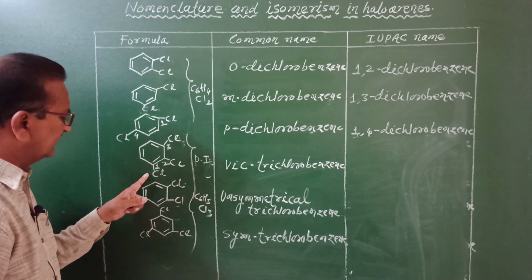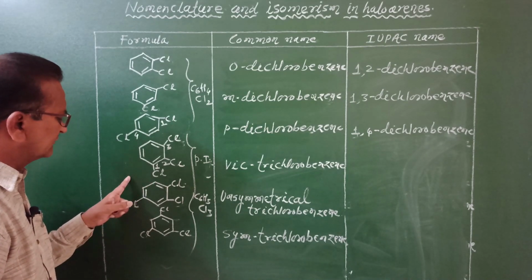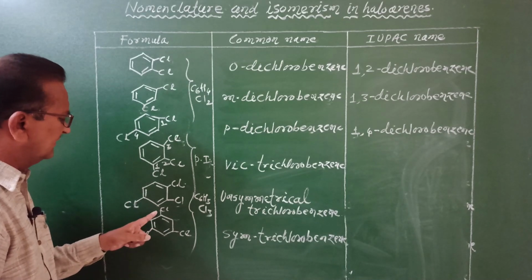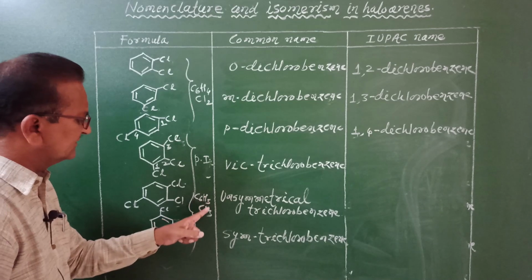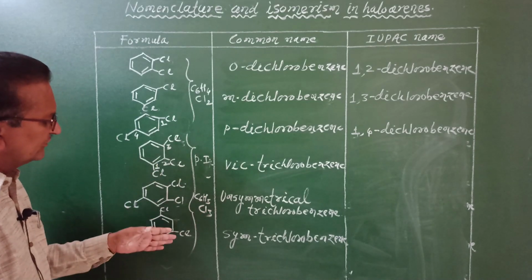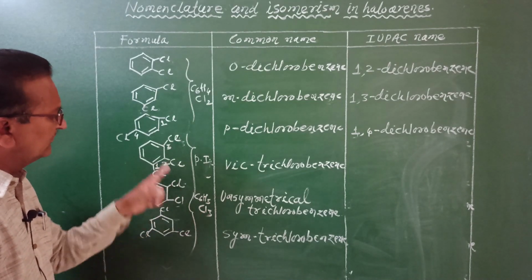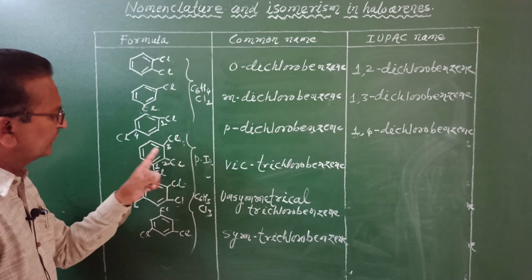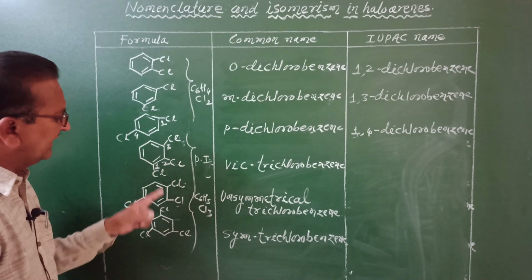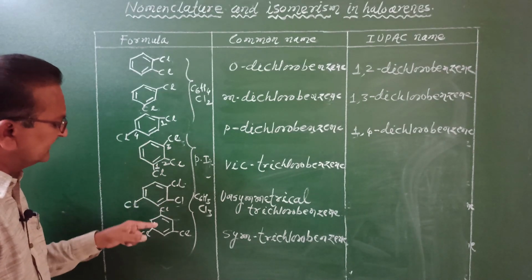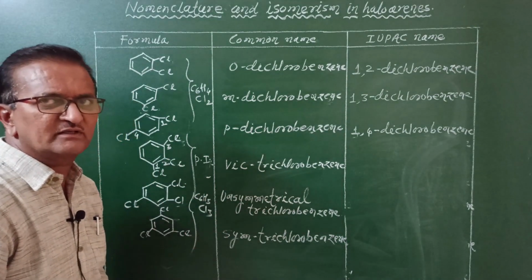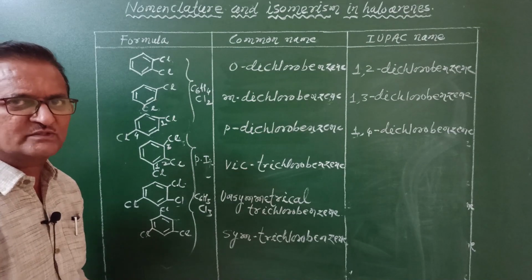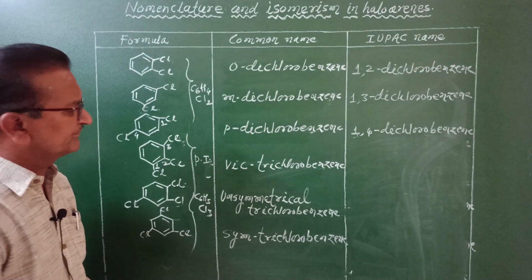So the molecular formula becomes C6H3Cl3. All these compounds have the same molecular formula, but they differ in positions of chlorine atoms on the benzene ring. That's why they are called position isomers of each other, and the phenomenon is known as position isomerism.